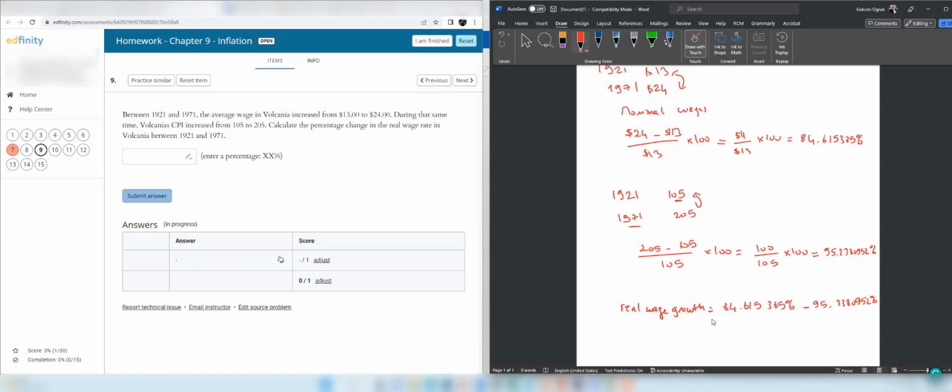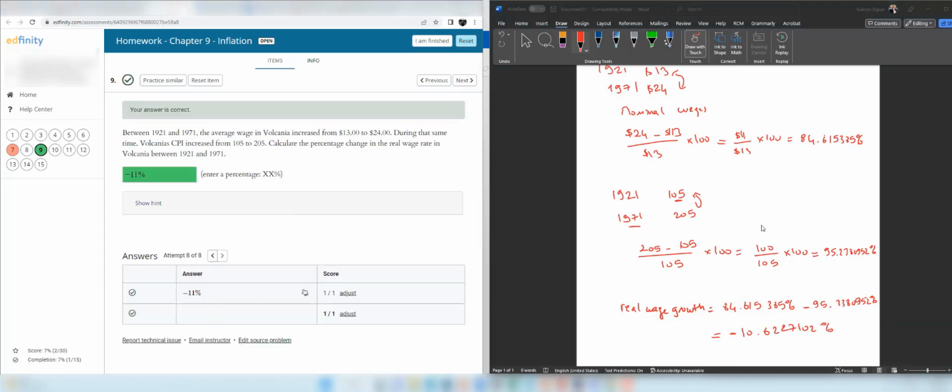So the real wages actually didn't grow, they shrank. That means your purchasing power decreased over the time. While you have more dollars in your pocket, the purchasing power of dollars decreased, which is negative 10.6227102%. So I have tried several options, and the result is negative 10.6%.